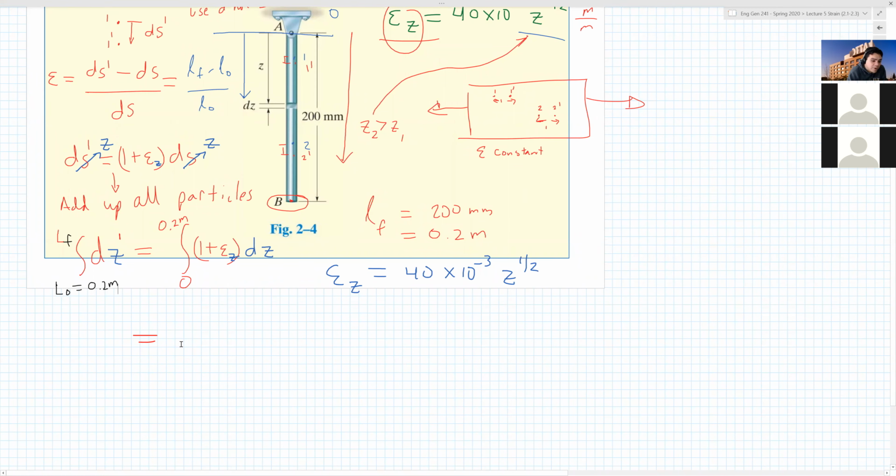So now, what do we get on the left side? What is the integral of dz prime, or 1 dz? Here, you're just going to get L final minus L initial, okay? L final minus, what is the initial length? 0.2 meters, okay? On the right side, let me write this down, this step here, 0 to 0.2 meters.